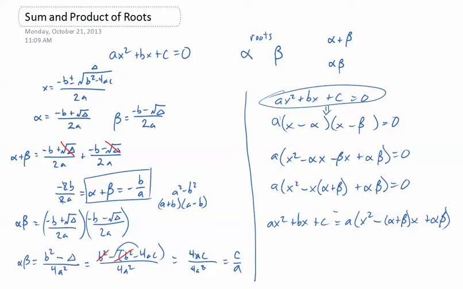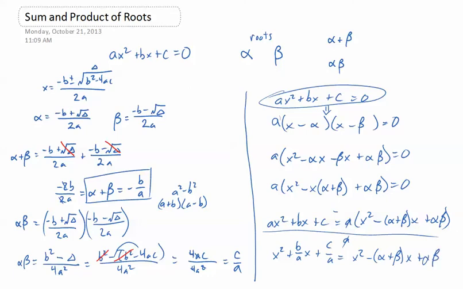Now I'm going to get rid of the a by dividing everything by a, absolutely everything. That gets rid of the a over here, and on this side I'm also dividing by a, which leaves me with x squared plus b over a x plus c over a equals x squared minus alpha plus beta x plus alpha beta.